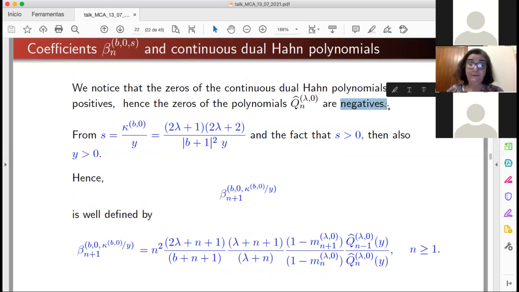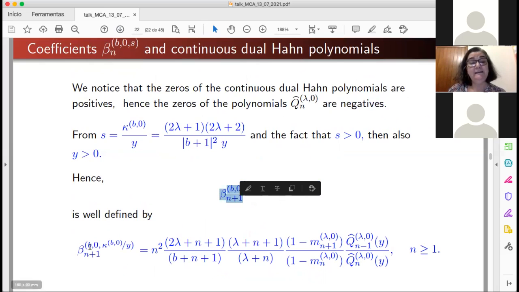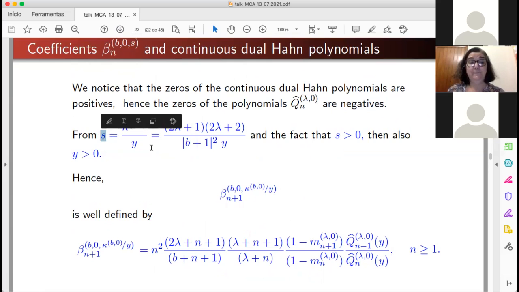And this is good because remember that beta is defined by a ratio of this Q. But now our choice is actually S positive. Our choice of kappa will be this, and also positive. So Y here is positive, the zeros of this polynomial are negative, so beta is well defined by this construction.